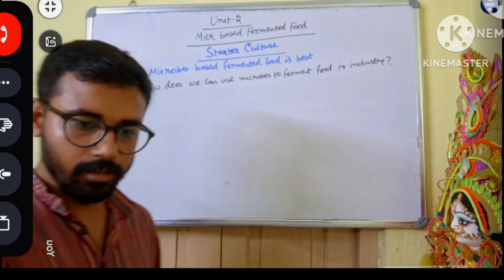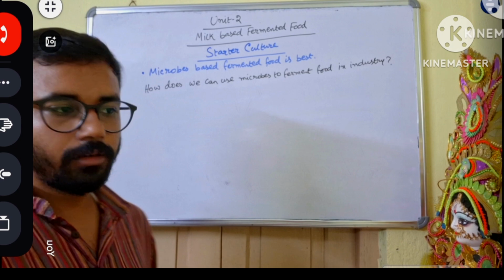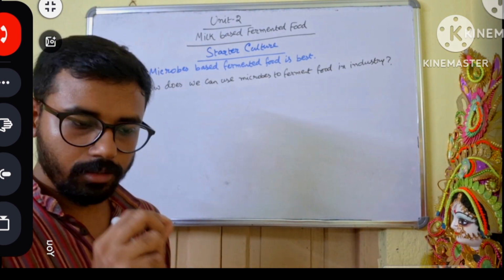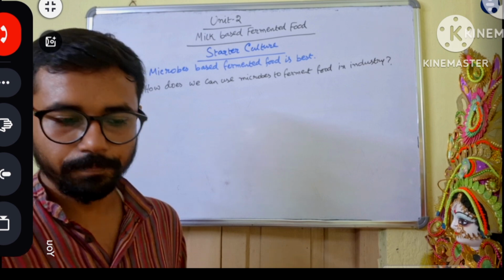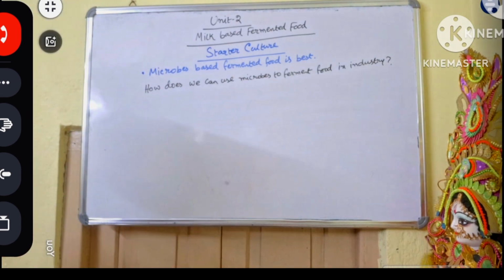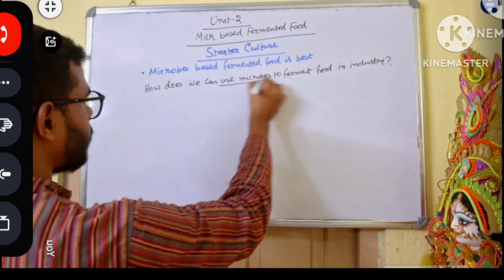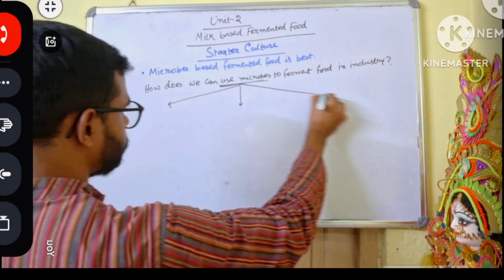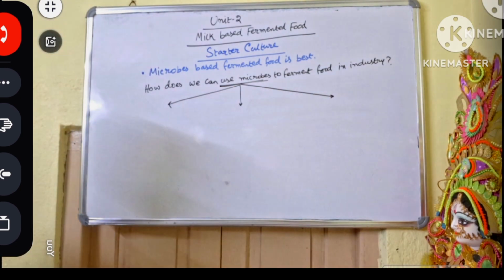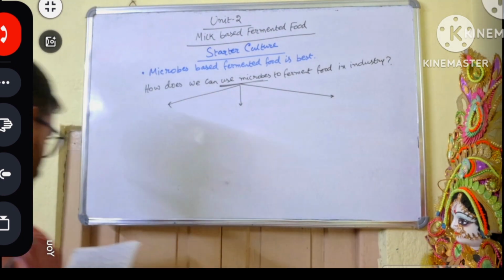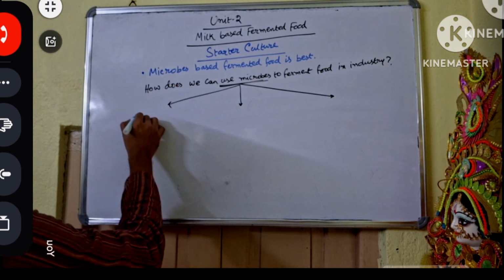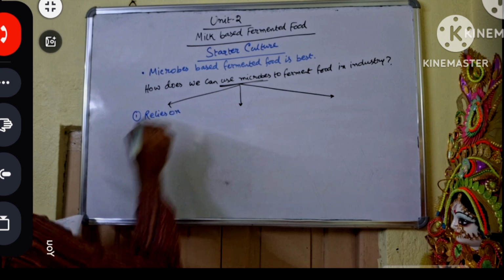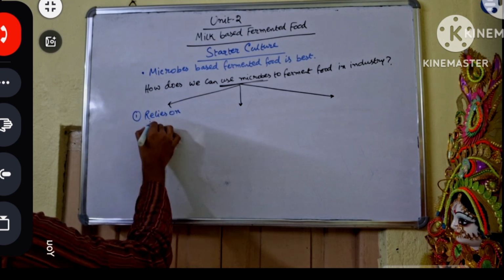So how does the fermented food industry run to achieve optimum fermentation? We can use microbes in three ways. Number one, rely on indigenous microbes.